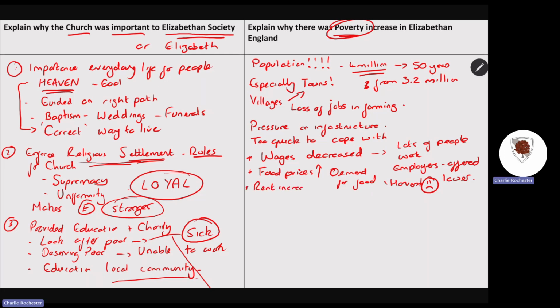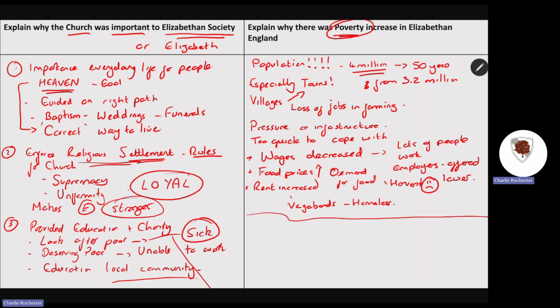Rent also increased, which meant lots of people became vagabonds because they couldn't afford their rent and became homeless with no job. They aimlessly walked the streets as a result of the massive population change in England, especially London.